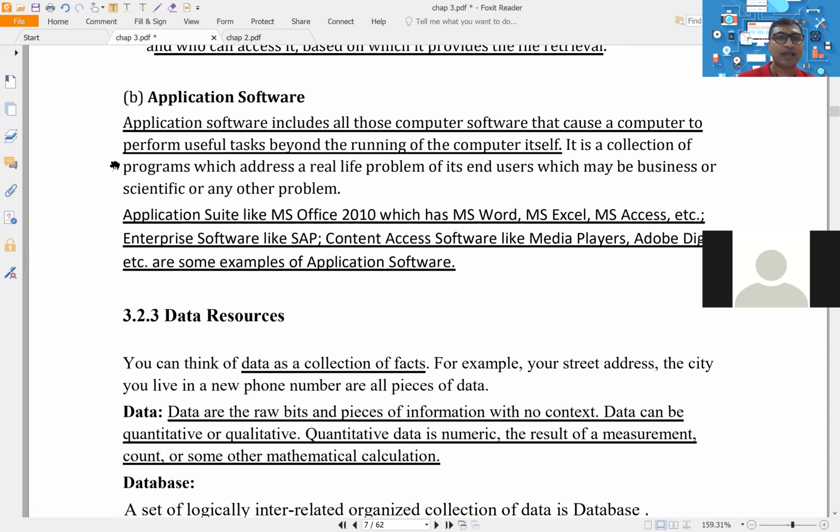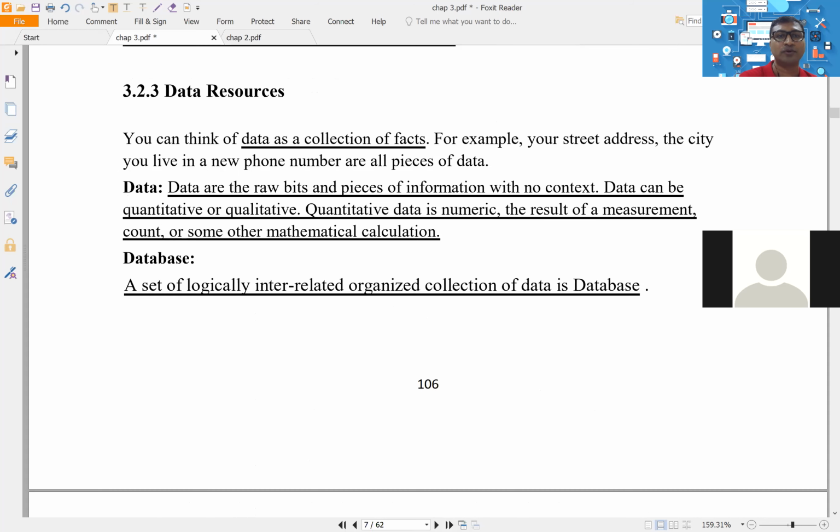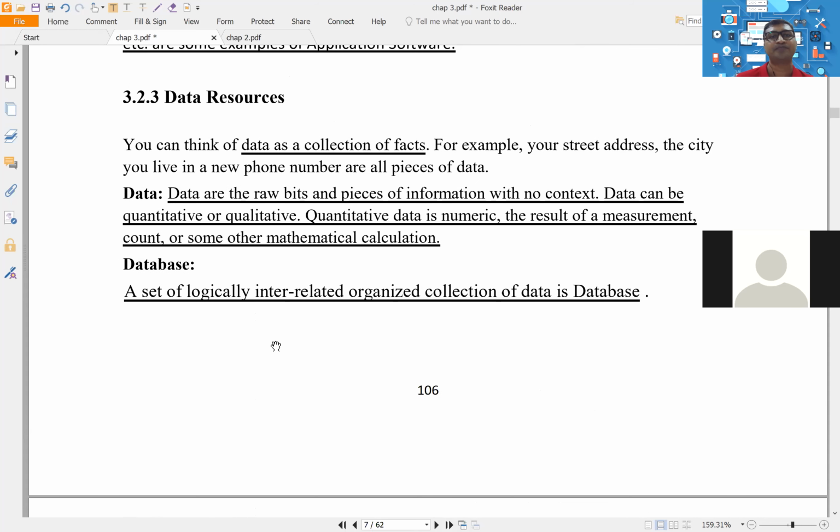Now, once your application software is over, which means the software part is over, the fourth component is data resources. Now remember, data is nothing but facts and figures. I also told you about three important words that people always get confused about: data, database, and DBMS.